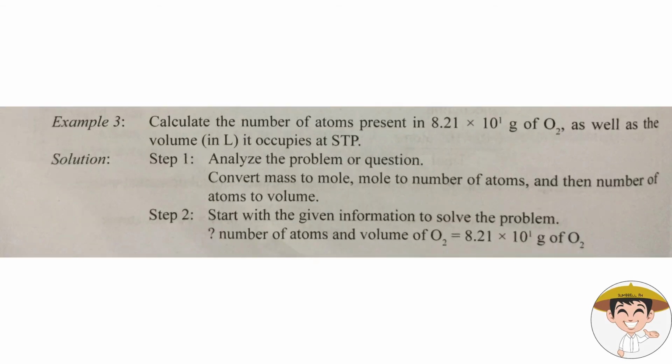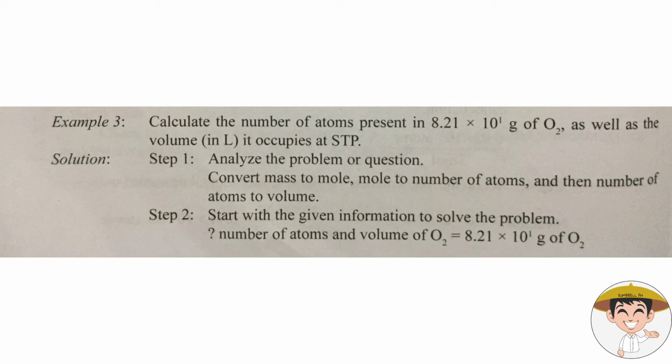Calculate the number of atoms present in 8.21 times 10 raised to 1 grams of oxygen gas, or O2, as well as the volume in liters it occupies at standard temperature and pressure. Step 1, we are going to analyze again the problem.